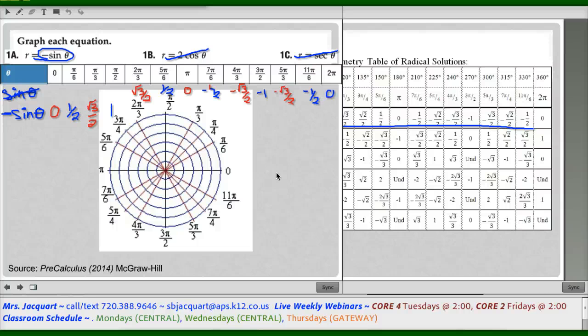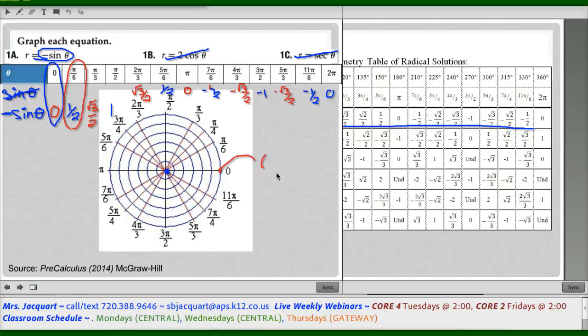So carefully watch how I plot these points. 0, 0 is right here. Pi/6, 1/2. Let's make these, the biggest number is 1, so let's make this point right here.